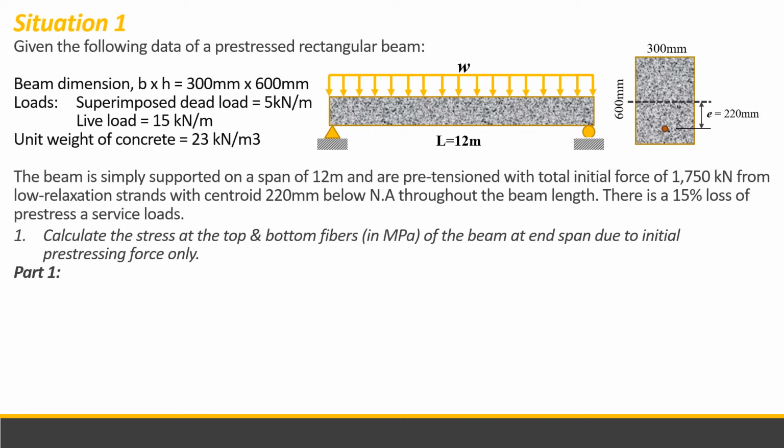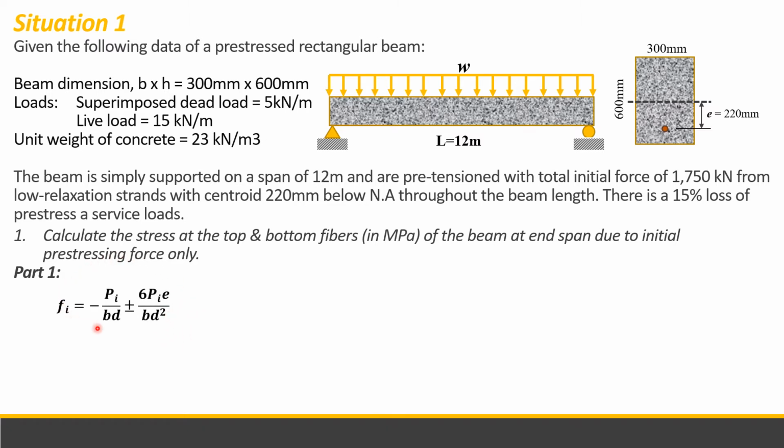Okay, so part 1. First we will calculate the stresses at the top and bottom fiber at the end span due to initial pre-stressing force only. So the formula we'll be using is this one.